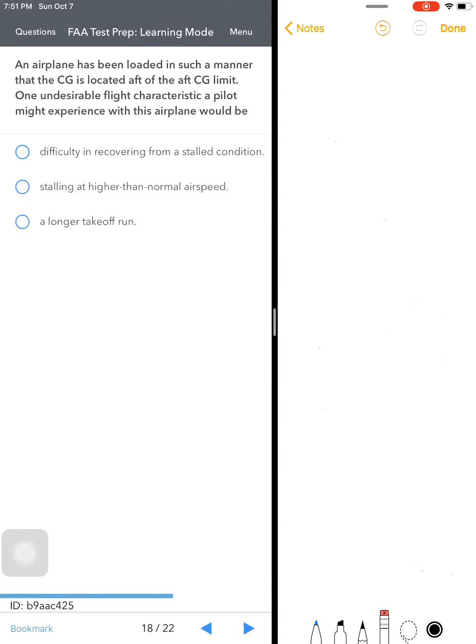Let's go to the next question here. It says, an airplane has been loaded in such a manner that the CG is located aft of the aft CG limit. One undesirable flight characteristic a pilot might experience with this airplane would be... If you have an aft CG, your angle of attack already is high.